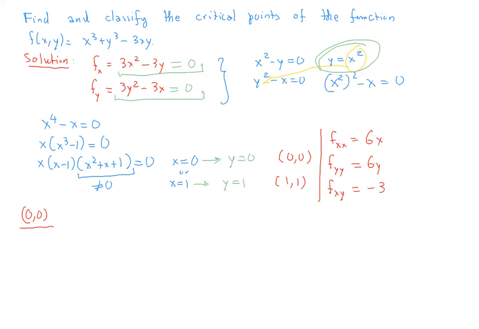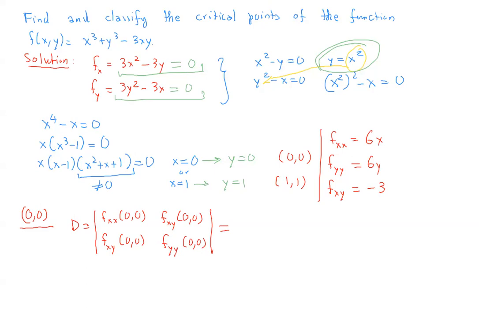Okay, so if we take the determinant for this specific point, at (0, 0), with f xx at (0, 0), f xy at (0, 0), f xy at (0, 0), and f yy at (0, 0), what do we find?